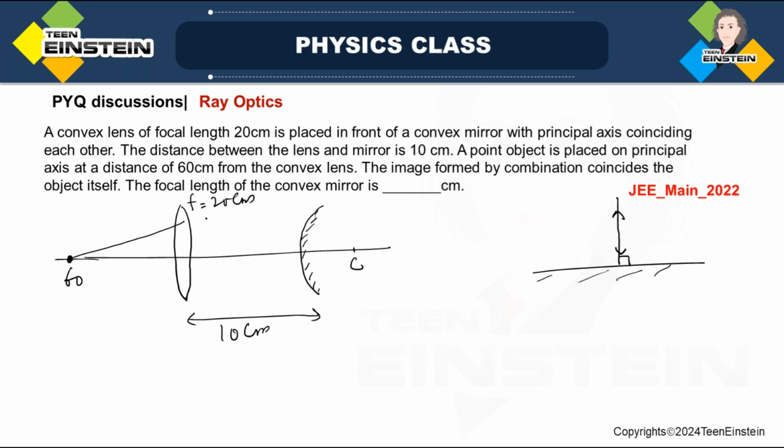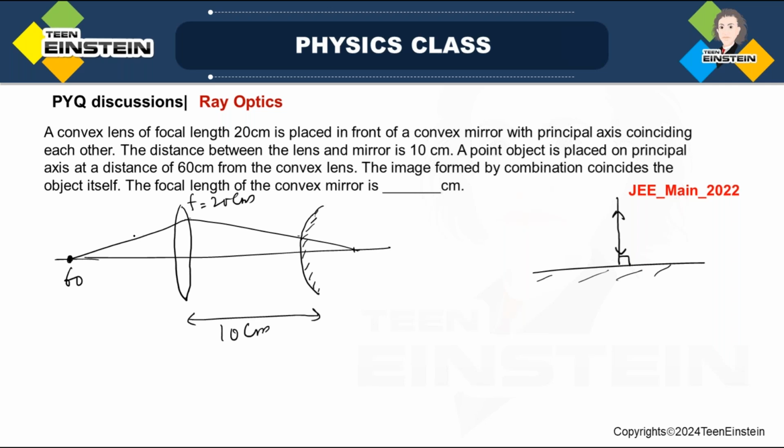See, so the ray has to pass through the center of curvature of the mirror, okay. Then only there will be retrace of path. I'm sorry, I'm not able to draw it properly. Let me try once again. So like this, and it has to pass like this, okay. So this is the one.